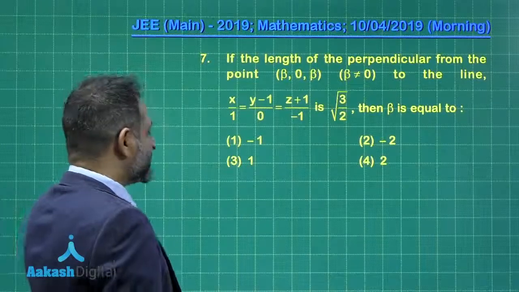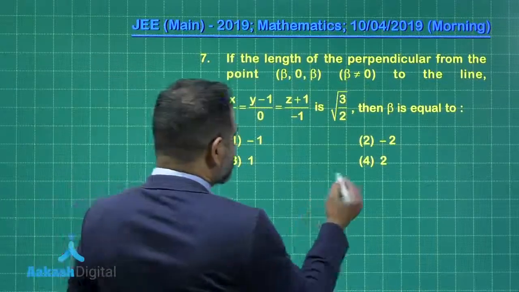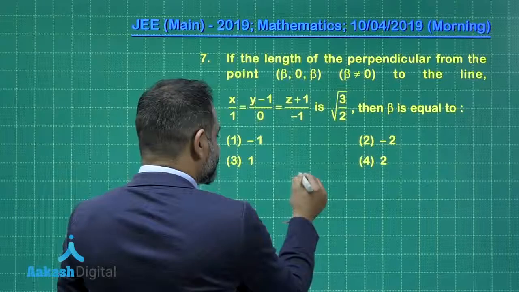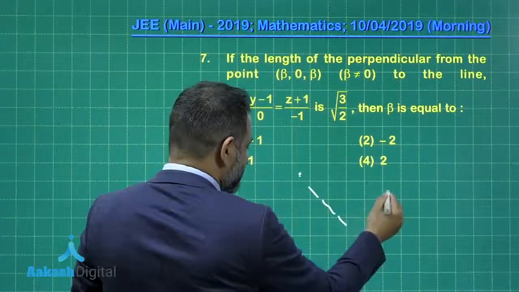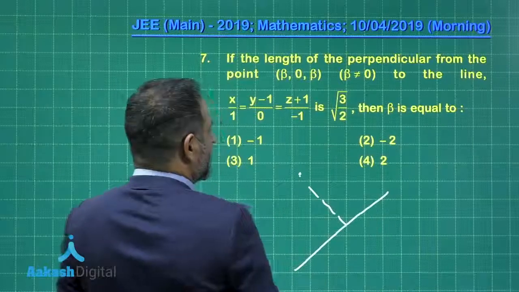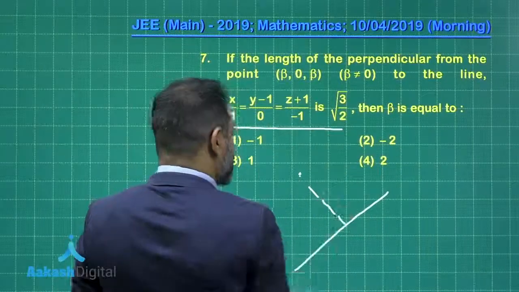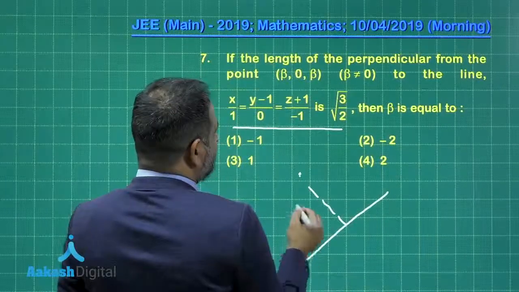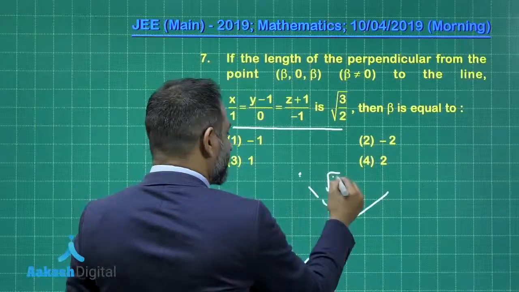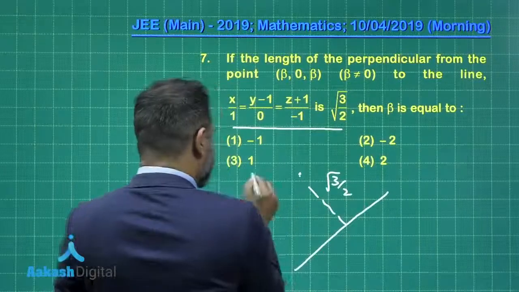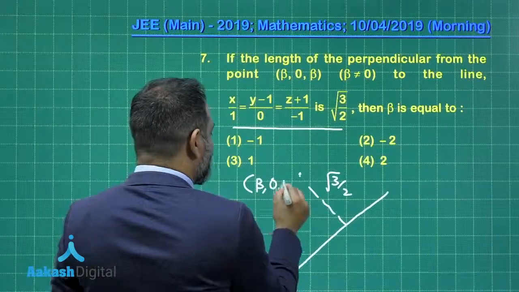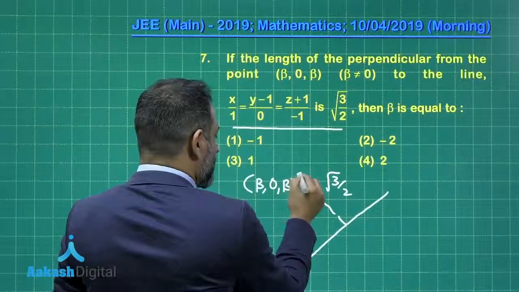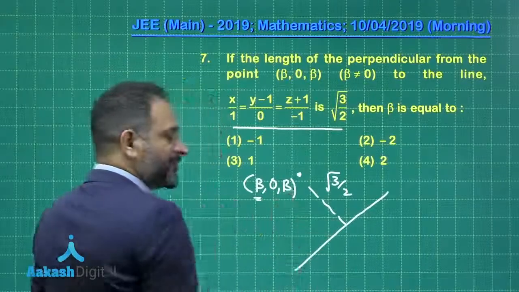So, what is given to us here, you can understand that there is a point, and the distance from this point to this line is root 3 by 2, and this point is (beta, 0, beta). Now, we want to find out the value of beta.